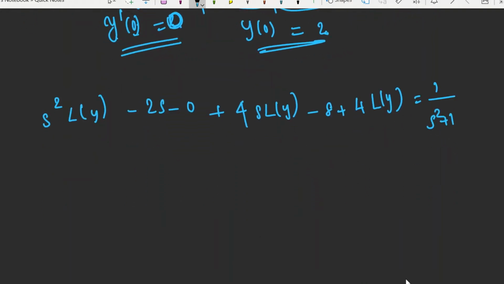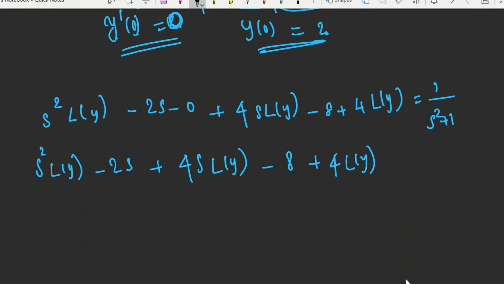Now s square L of y minus 2s plus 4s L of y minus 8 plus 4 L of y equals 1 by s square plus 1.